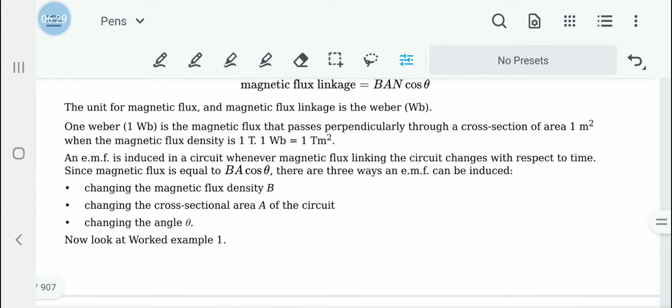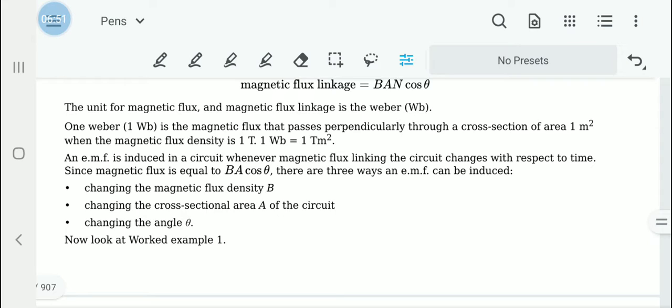So an EMF is said to be induced whenever the magnetic flux linkage in the circuit changes with respect to time. So along with time, if the magnetic flux changes, then there is an EMF being induced.